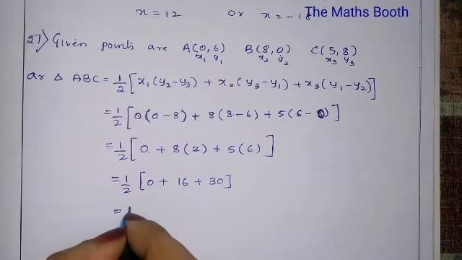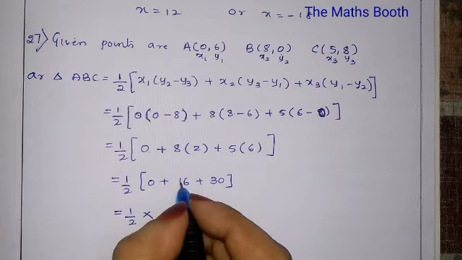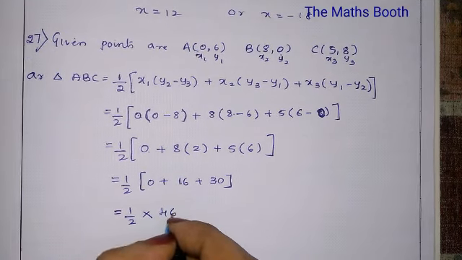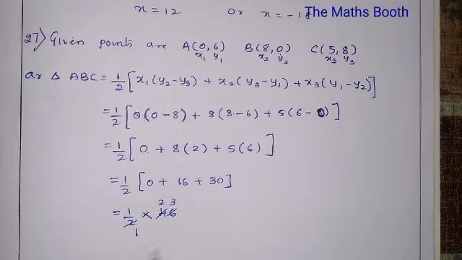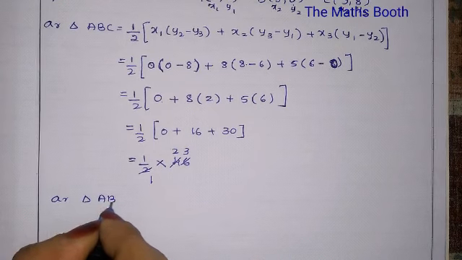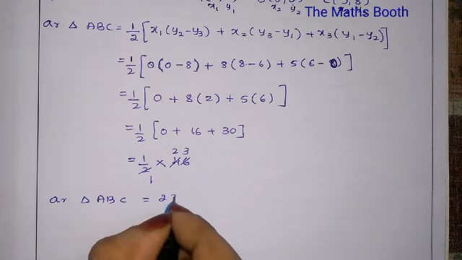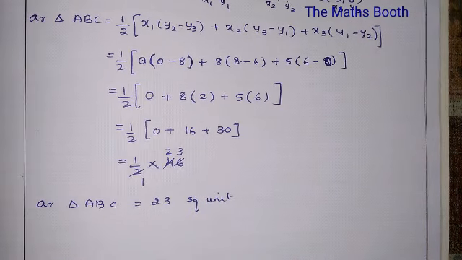Half into 30 plus 16 is 46. 2 1s are 2, 2 2s are 4, 2 3s are 6. So the area of triangle ABC we got is 23 square units.